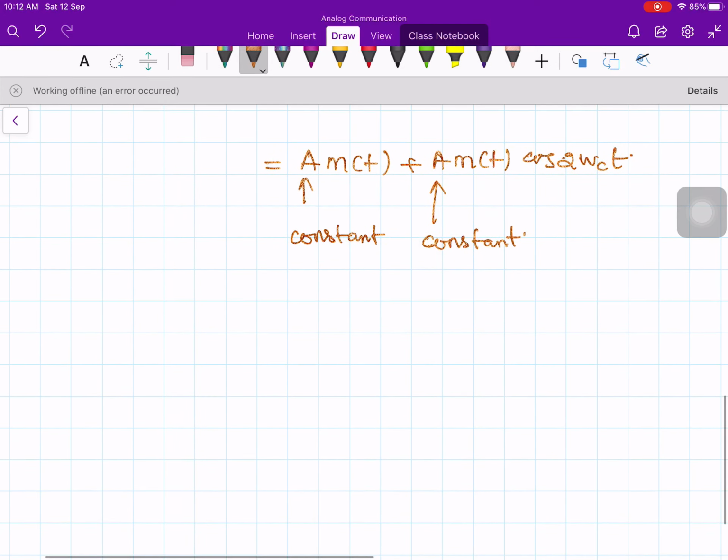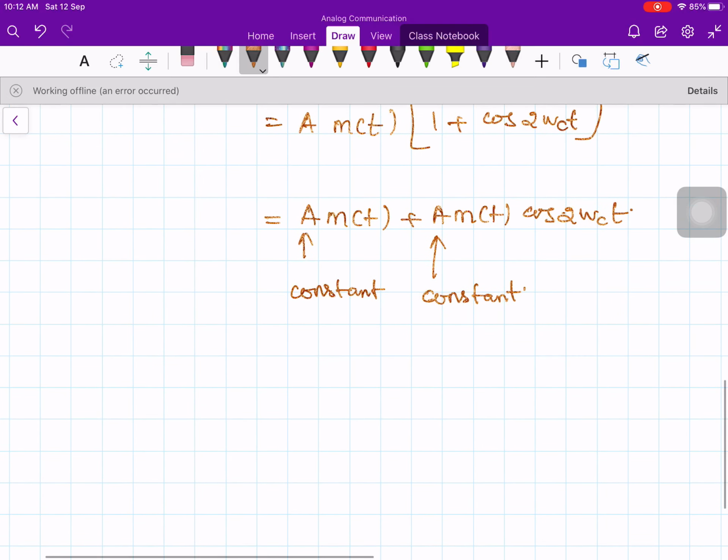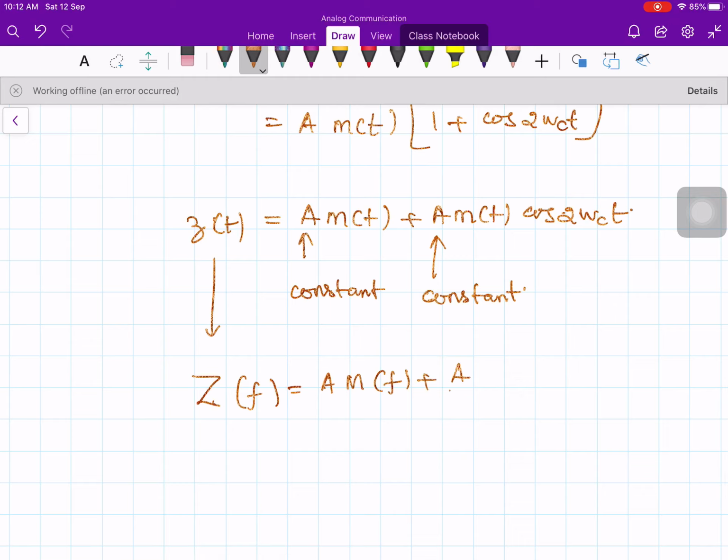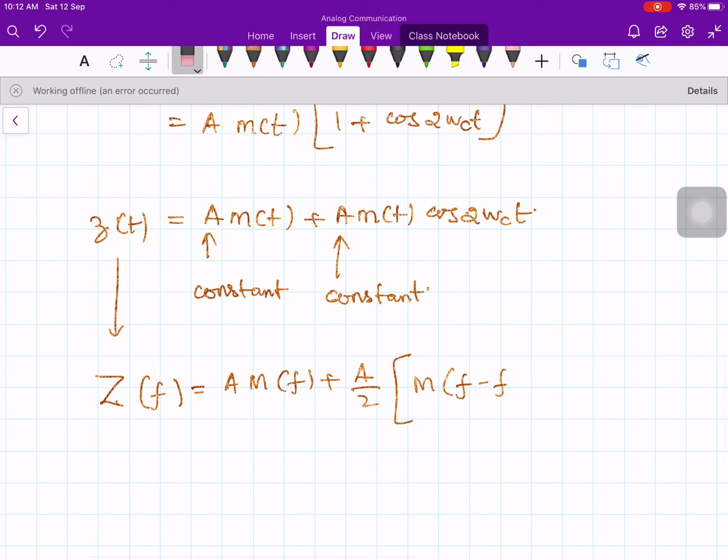If I take the Fourier transform of this signal z of t, capital Z of f is equal to A times capital M of f plus A times, within a bracket, M of f minus 2 fc plus M of f plus 2 fc.